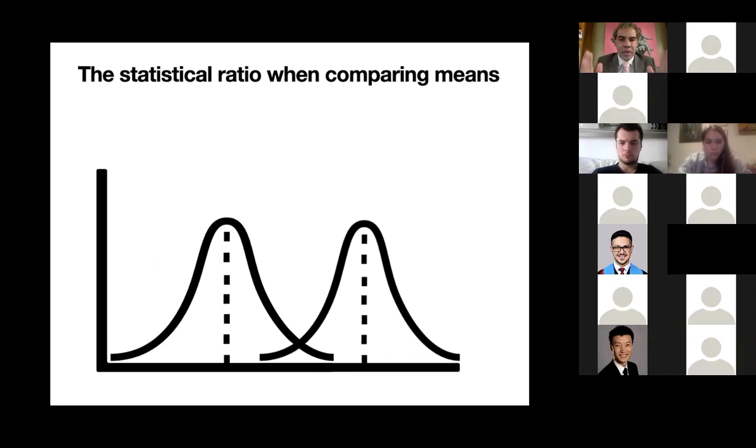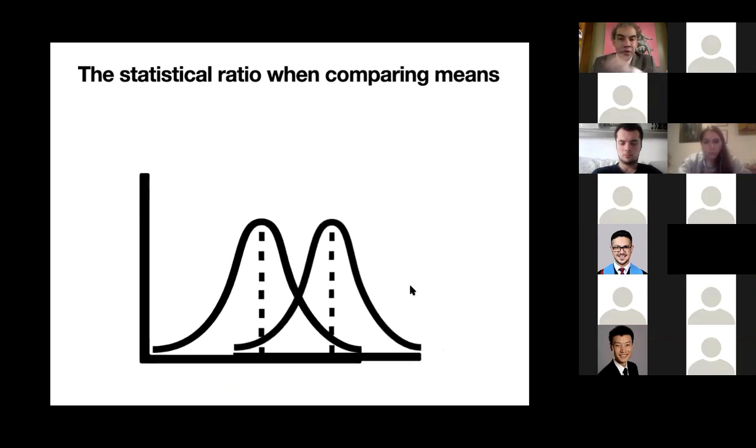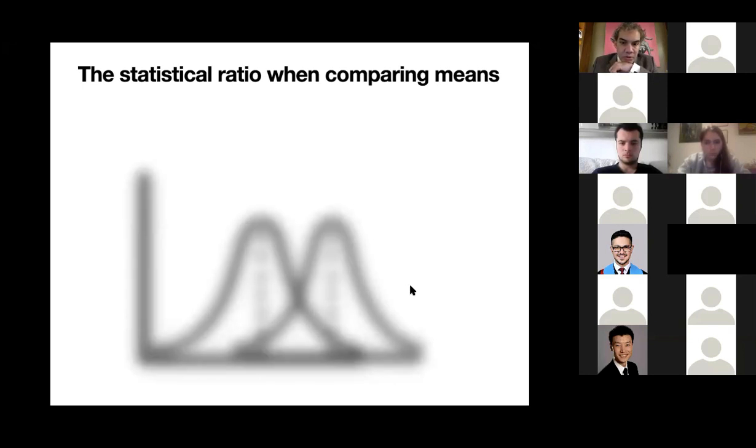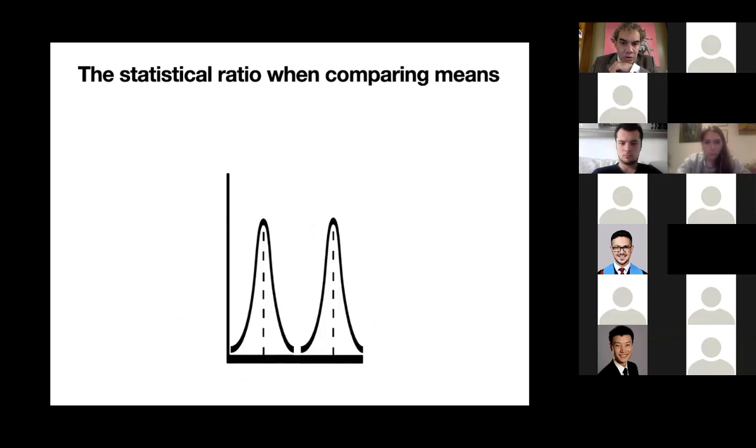So this means it's easier to see the difference between the means visually. And this is another example. There you have your two means. Now, the effect size will stay the same, but your variance will reduce. So now it's easier to find statistically significant differences between groups.